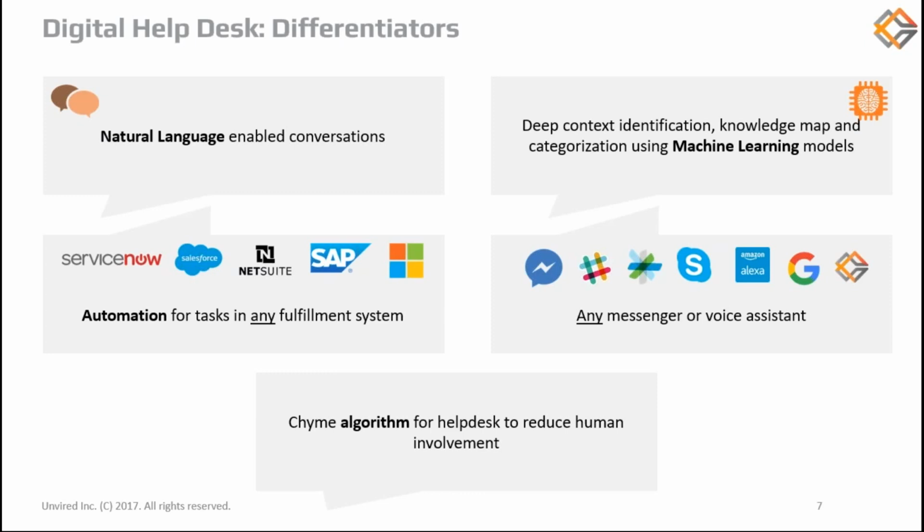That helps them reuse what they have and still provide help in a conversational UI. And finally, the Chyme algorithm for help desk takes care of orchestrating all this and reducing the human involvement by moving the conversations across automation, self-service, and then transferring it to the agent, and so on and so forth.